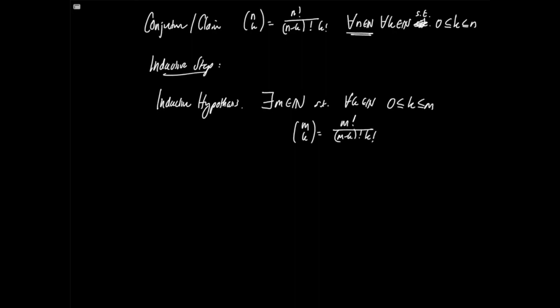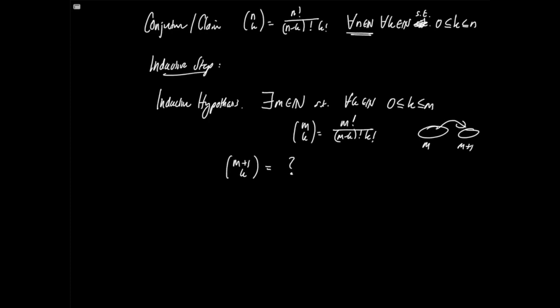And what you now want to do is consider what happens for m plus 1, because we want to be able to get from the mth to the m plus 1 stepping stone. So we say m plus 1 choose k is equal to what? Well, you're going to need a separate little result.